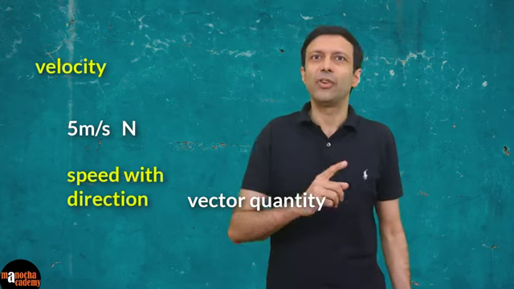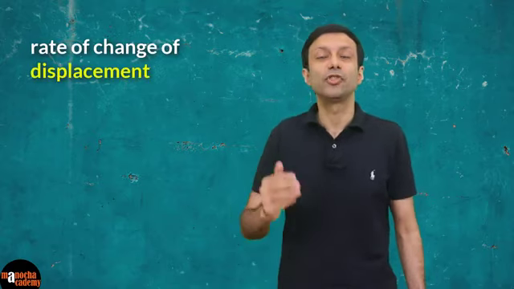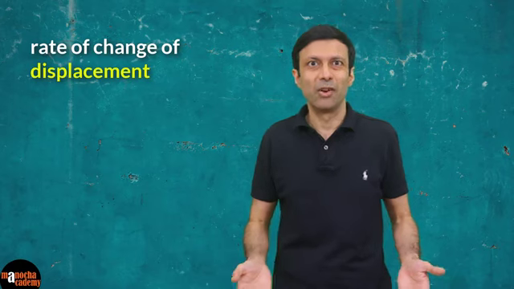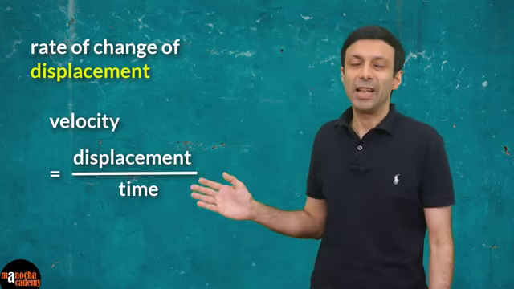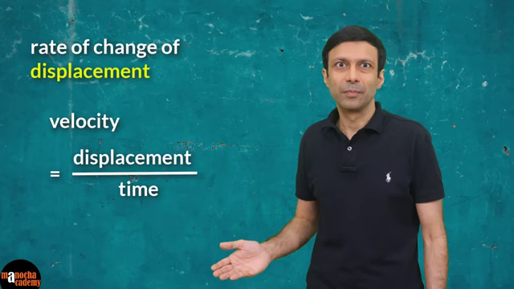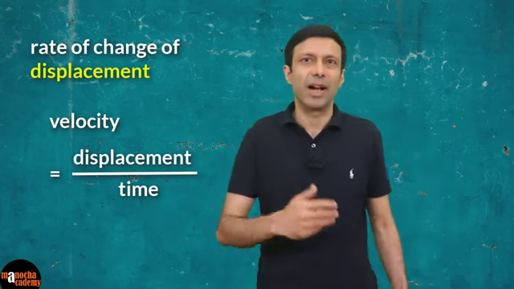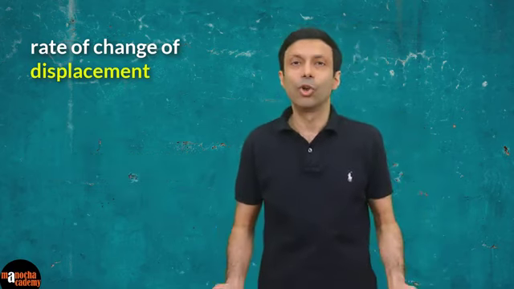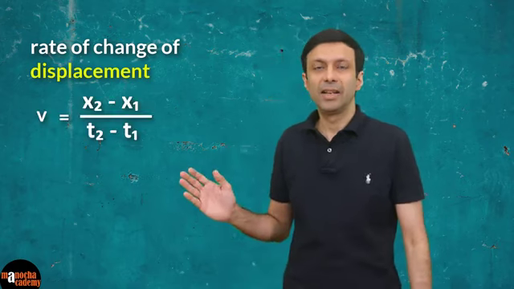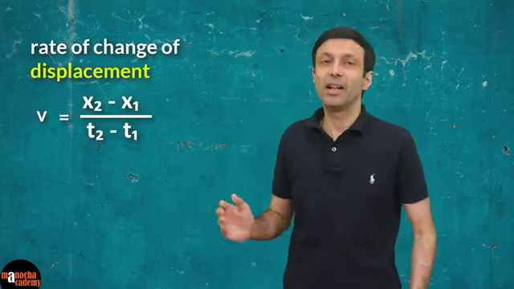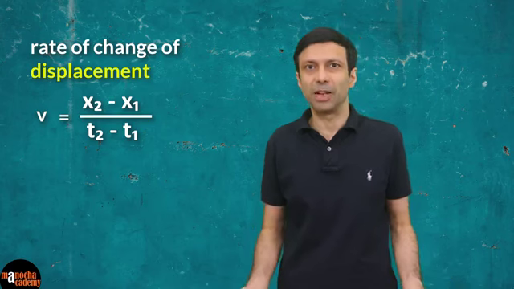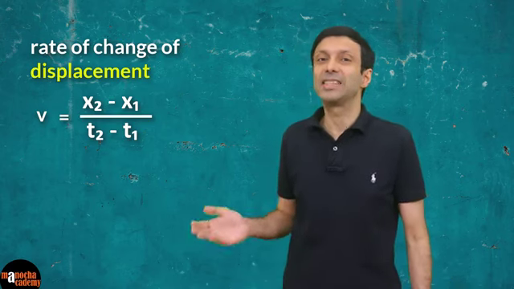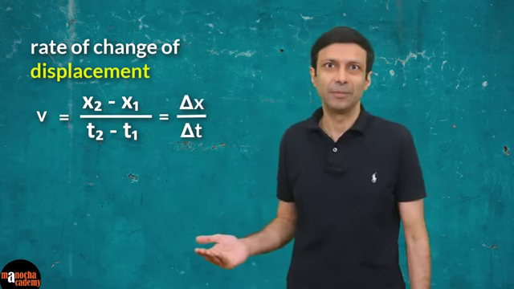Speed was defined as rate of change of distance. Similarly, velocity, which is a vector quantity, is defined as rate of change of displacement. The formula of velocity is displacement divided by time, or change of displacement divided by time. We can denote it as the velocity v is x2 minus x1 divided by t2 minus t1, which is represented as delta x by delta t.